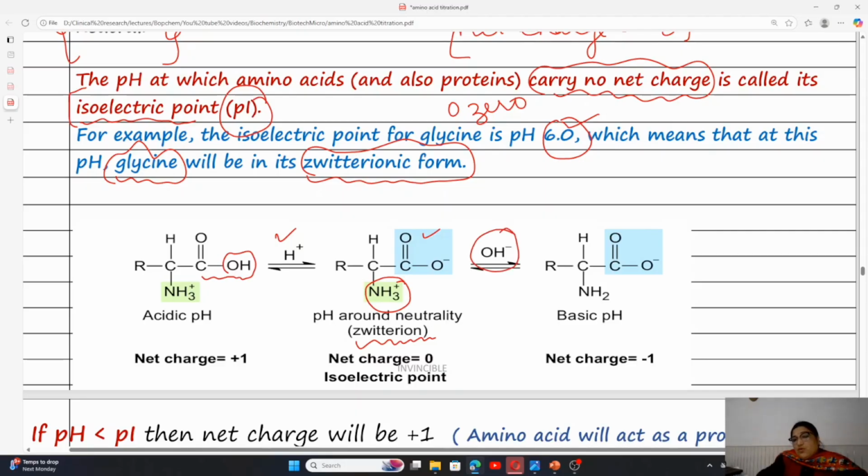And when there are more OH ions in the system, the proton will be removed. So in this case, when the pH is acidic, the net charge on this amino acid is +1, and when the pH is basic, the net charge is -1, and net charge is 0 at about neutral pH. So this pH is known as the isoelectric point.